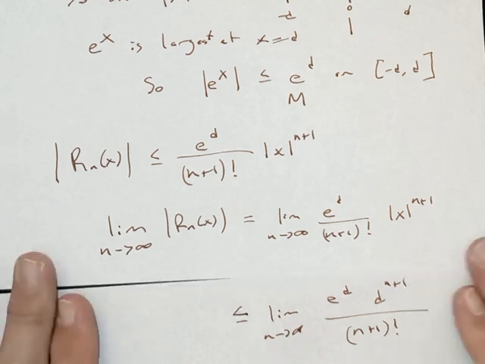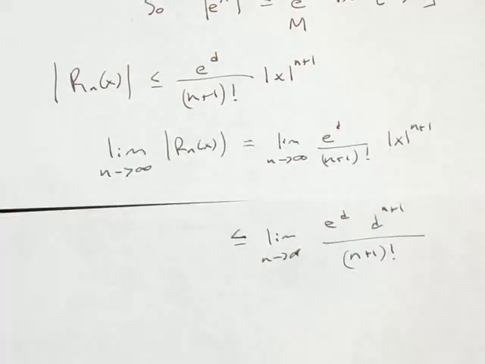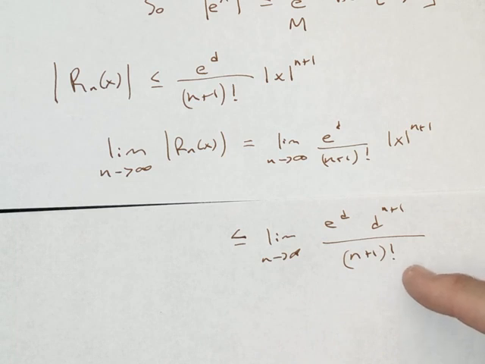Now, I get to ask you a question. What's that limit? Ew. Wait a second. I have a power on top. I have a factorial on the bottom. We've done this before.